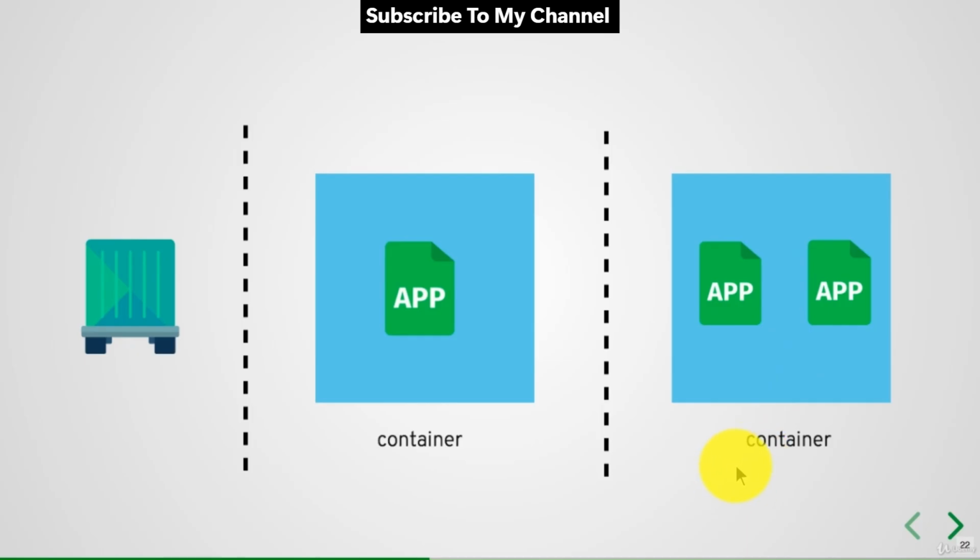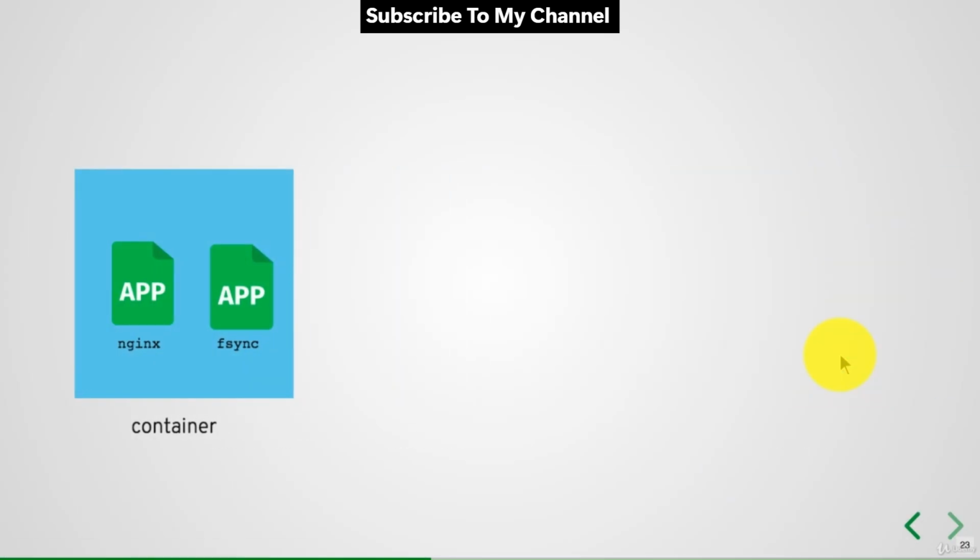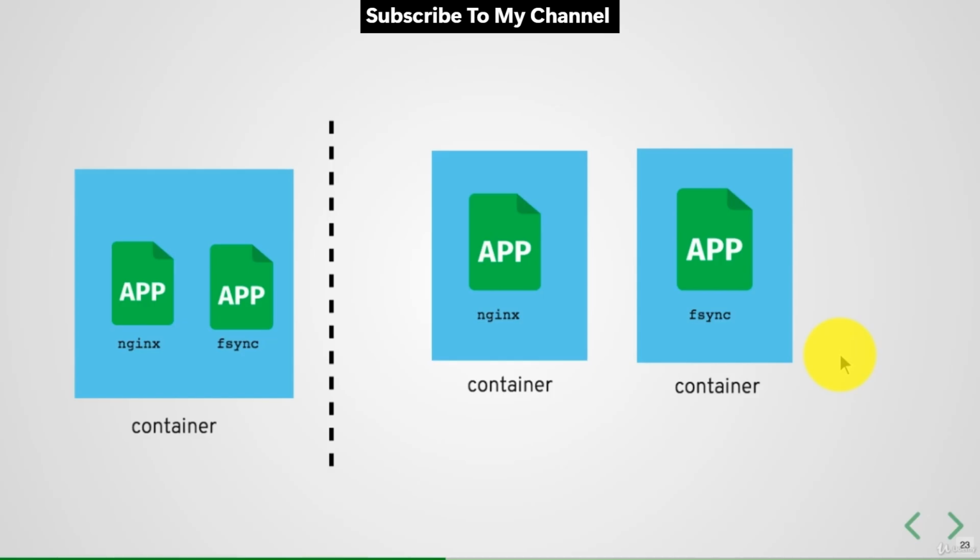So it is an anti-pattern to run these applications in the same container, but still you may have to run them together. So what is the solution for that? That's where Kubernetes comes and gives you a solution, because Kubernetes allows you to run these applications together, not in one container, but it says, hey, you want to run it together, run it in two different containers, but at the same time, I'll allow you to schedule them and host them on the same node, and give you some additional mechanisms to make it easier for those to connect together.